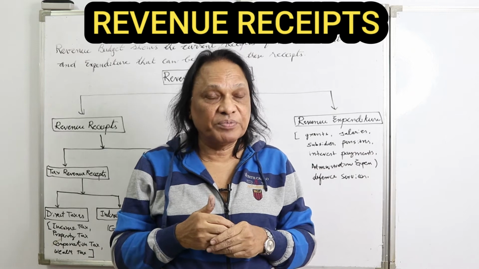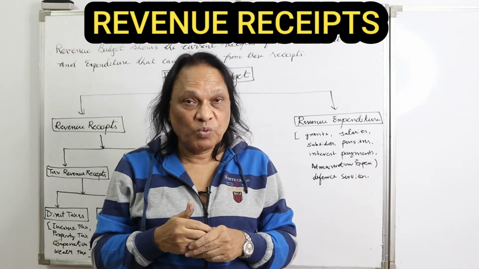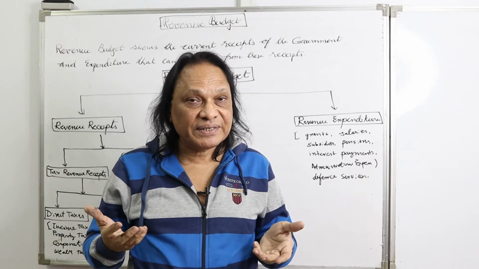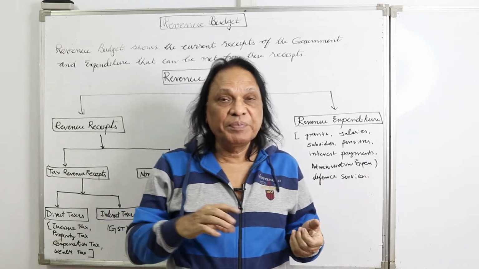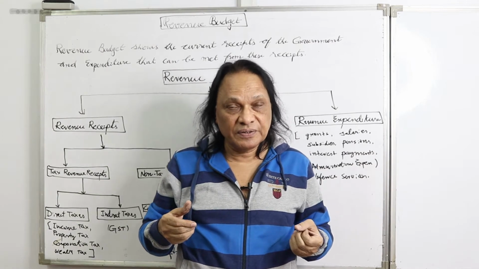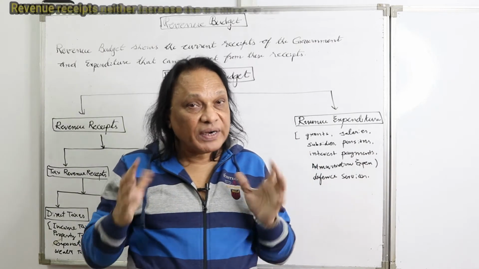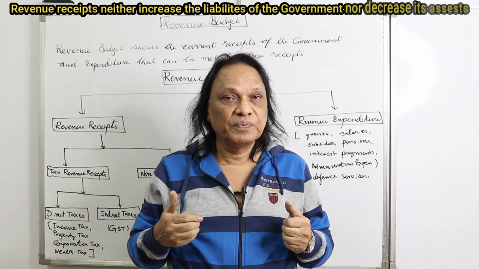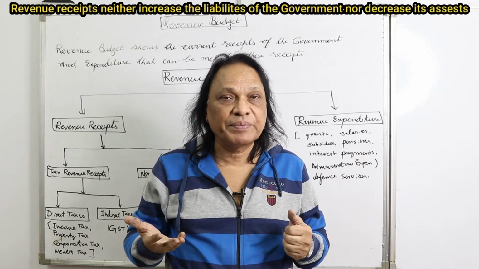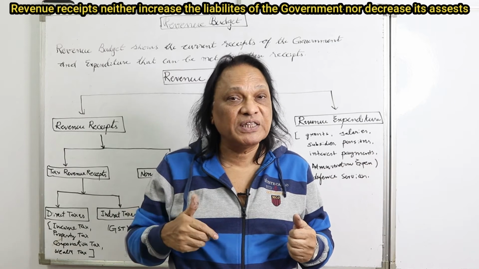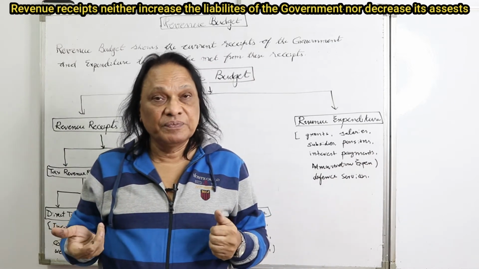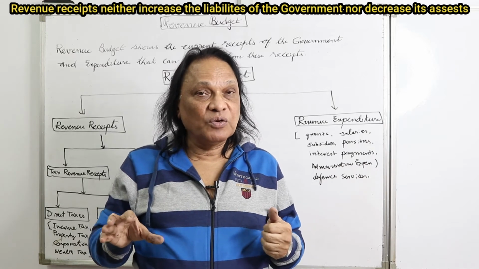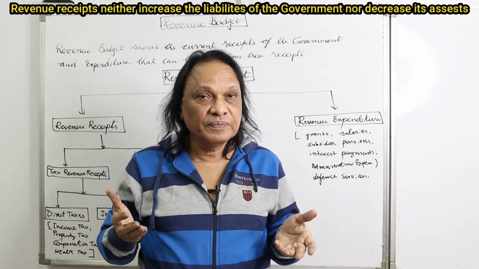It's pretty good for the government. For example, what it means, when you pay taxes to the government, maybe direct tax or indirect taxes, the government is not liable to do anything for you. There's no liability to the government. We pay income tax, we pay property tax, we pay wealth tax, we pay interest tax, and firms pay corporation tax, and we are paying GST.